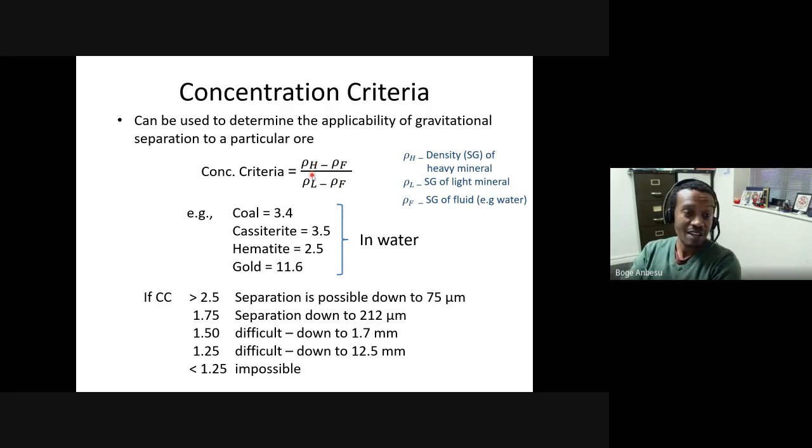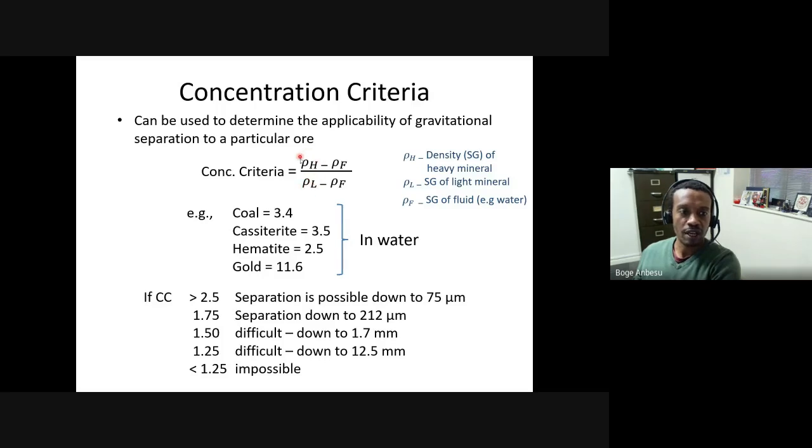And as I said, typically most of the gold is locked in a silicate material, or the majority of the waste is silicate material. So we know roughly the average density of silicate material in that ore. Typically density is somewhere around 2.5 to maybe 2.8, maybe 3 maximum. So we know roughly the density of the light.